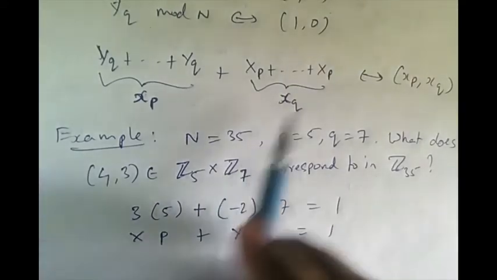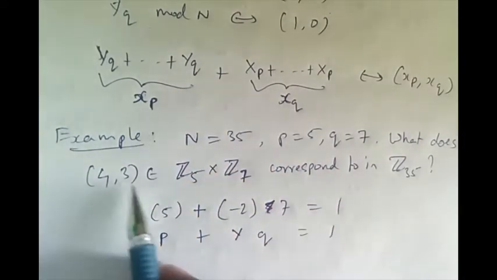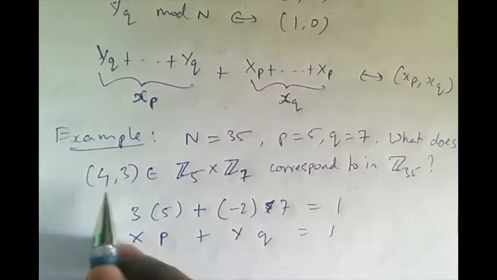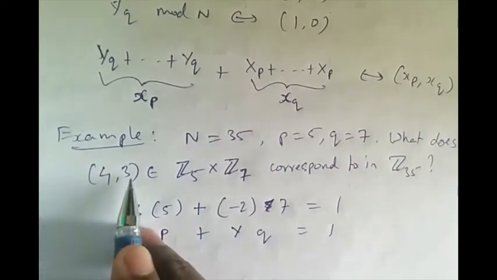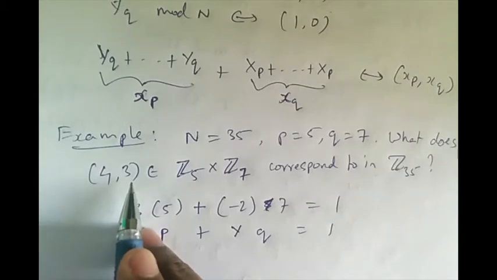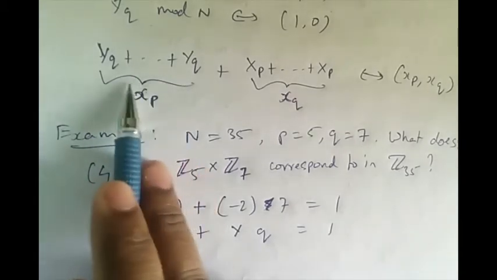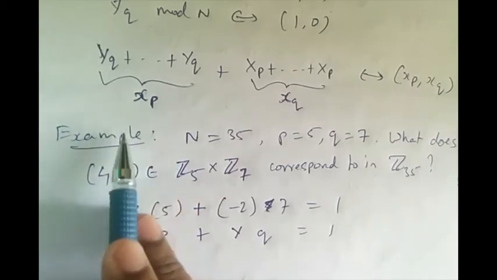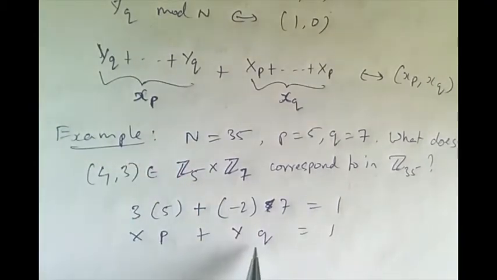So now what is XP? X sub P is 4 and X sub Q is 3. So here the thing was, you just add this 4 times. What should I add 4 times? This guy 4 times. And so this is minus 14 mod 35.